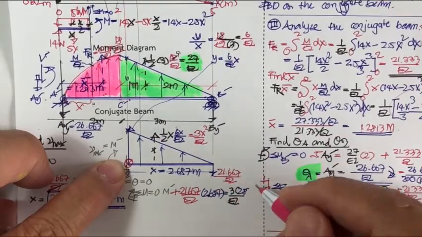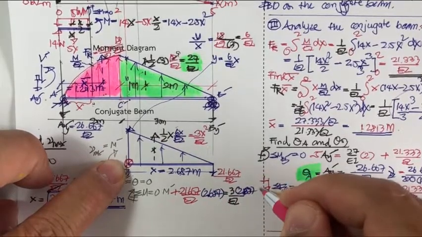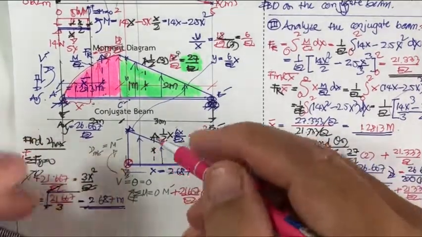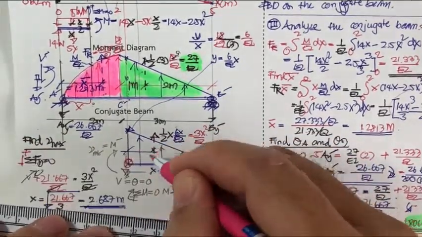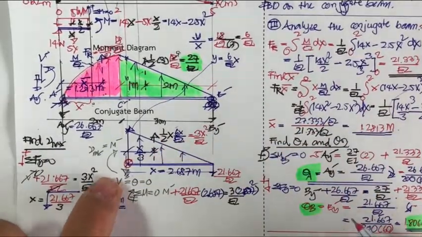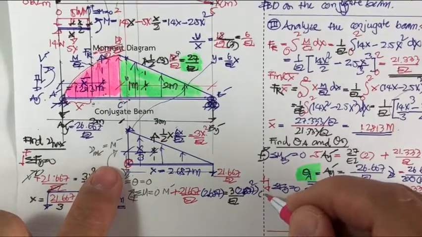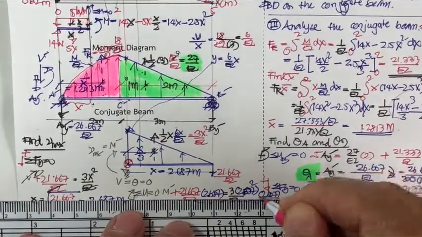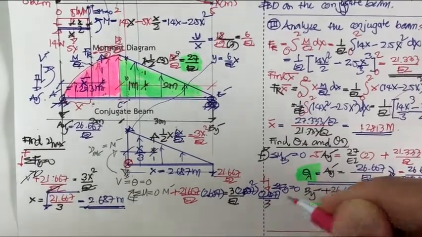2.687, 2.687 squared. And then we have the distance here, that is going to be x divided by 3. So we're going to multiply this one by 2.687 and then divide it by 3.